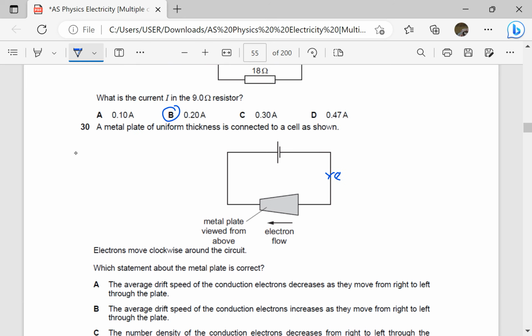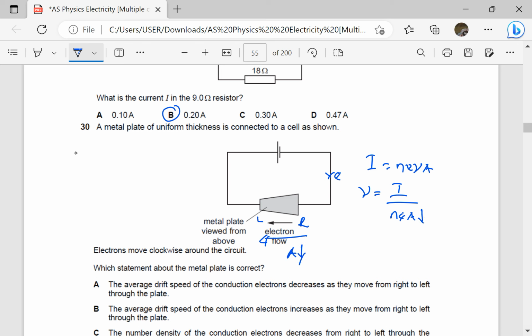Okay, remember current is equal to nAvE. That means the drift speed is going to be the current divided by nE times the cross-sectional area. Electrons are moving from right to left because they are moving clockwise. Notice that as they move in this direction, the cross-sectional area is decreasing.